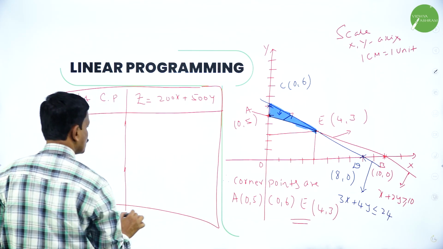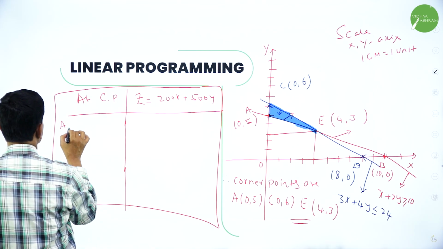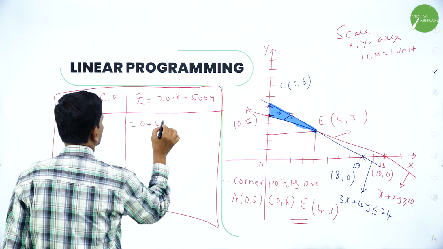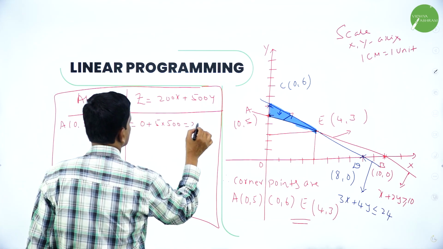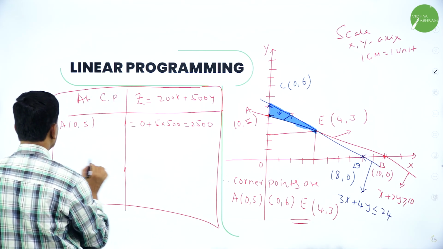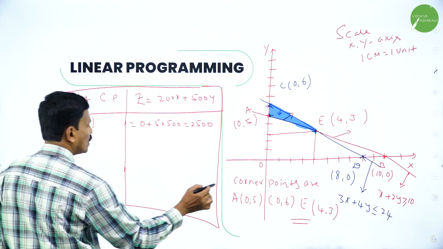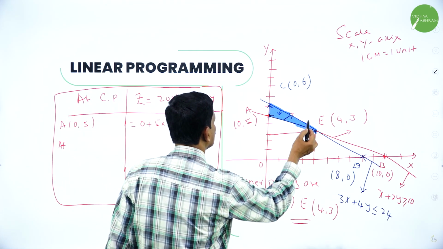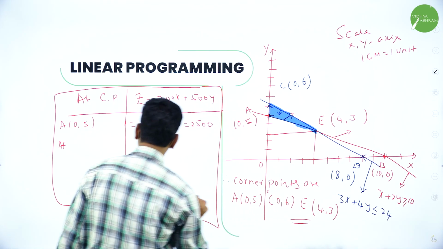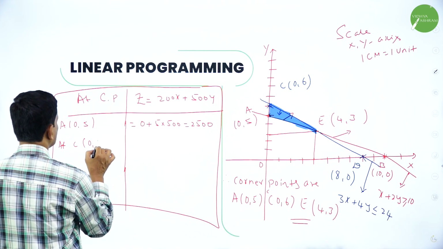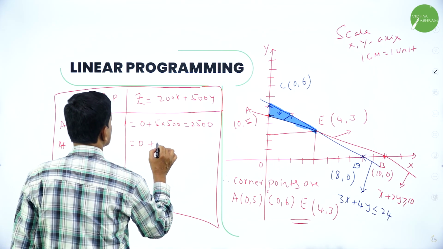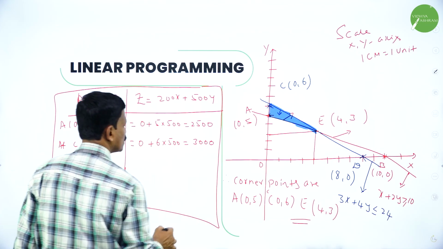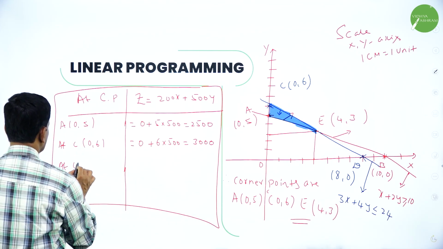At A (0, 5), Z is equal to 0 plus 5 into 500, that is 2500. Next, at C (0, 6), 0 plus 6 into 500, that's equal to 3000.